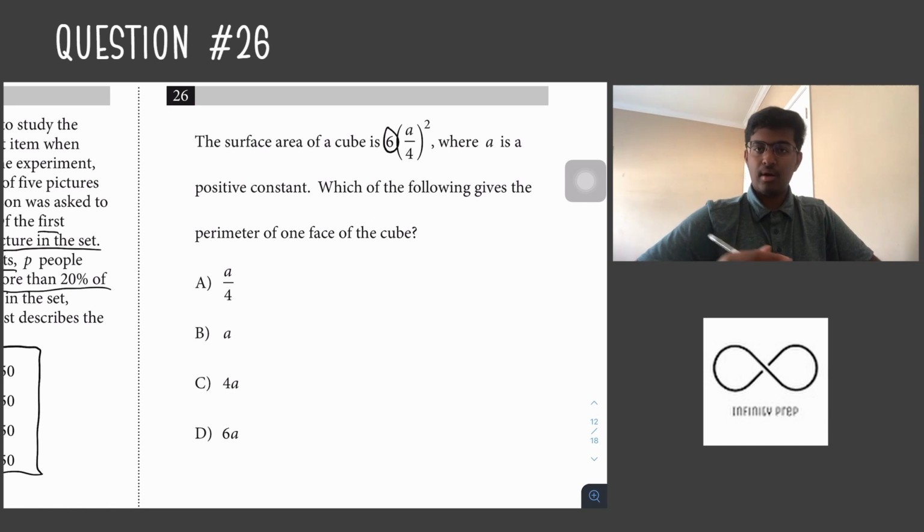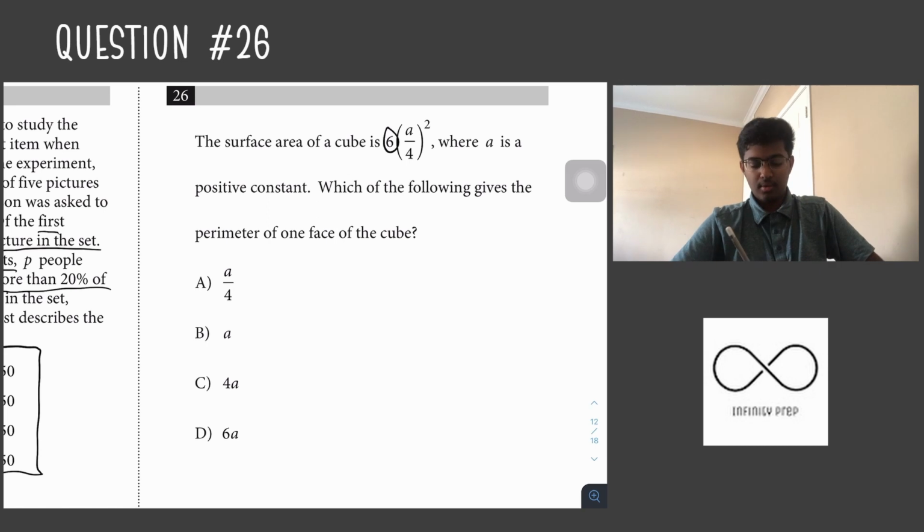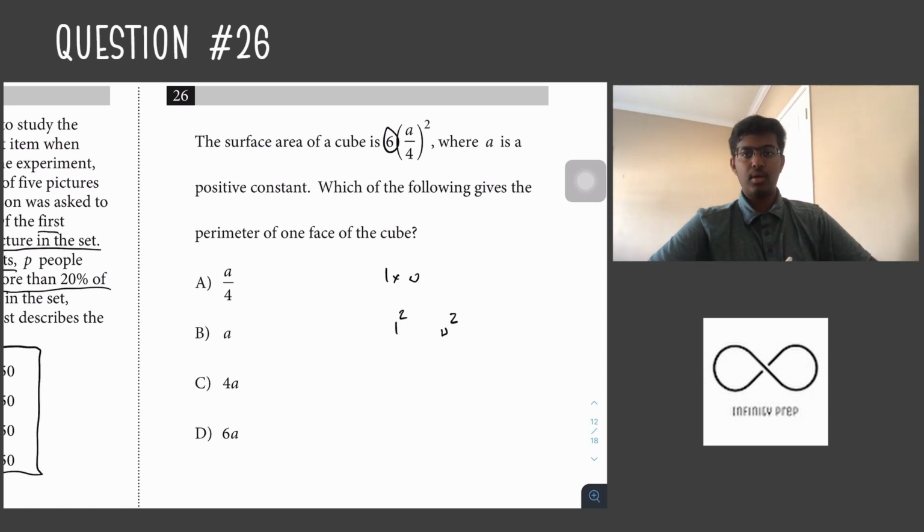So a cube is the same all around, so you can multiply by the number of faces, which is 6, to get the total surface area. So a over 4 squared is the area of one face of the cube, and the area of a square is length times width, but this can also be just length squared or width squared, since the length and width are the same.